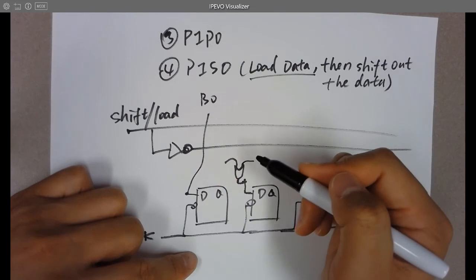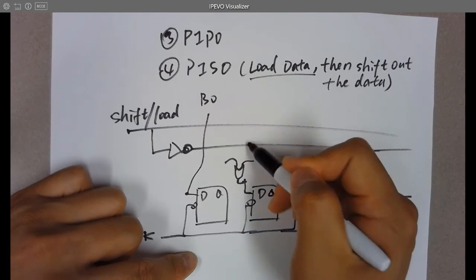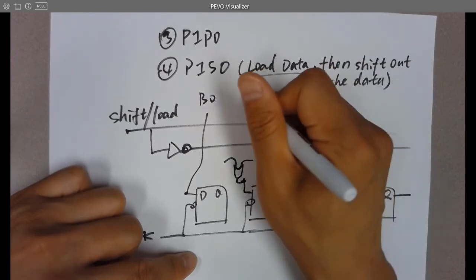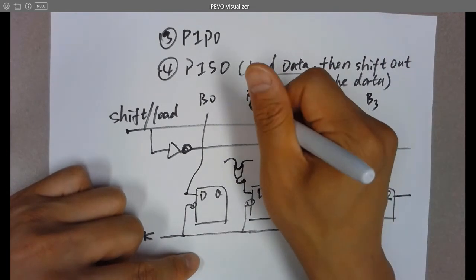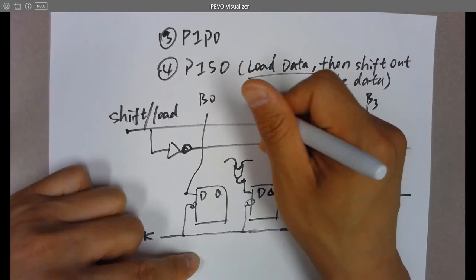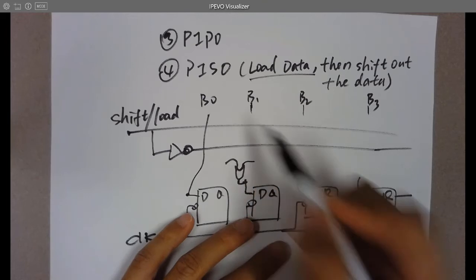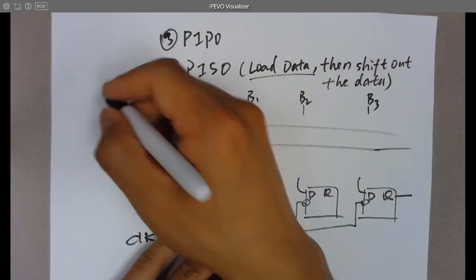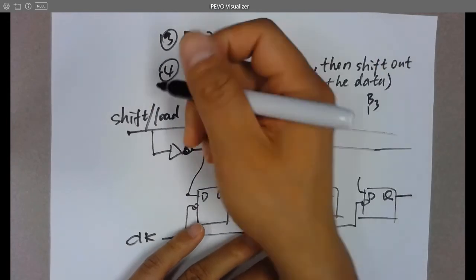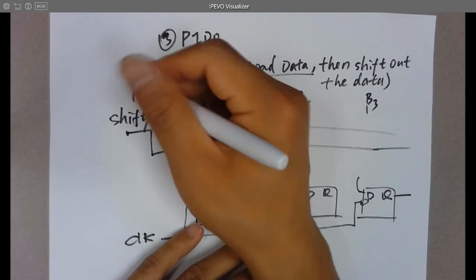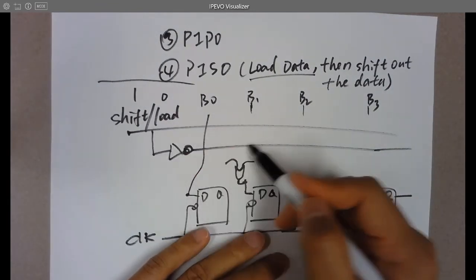So how can you do that? Let me see. Since we need a control wire to control that, we have B1, B2, B3. So these are the data lines available, right? That's the data being here, ready. And if you give a 1, for example, you want to use a 1 to load, or it doesn't matter actually. So for example, let's do 0 to load, 1 to shift, right? So 0 to load, which means 0 is being inverted, and you get a 1 here.